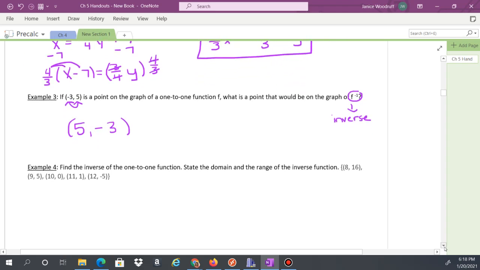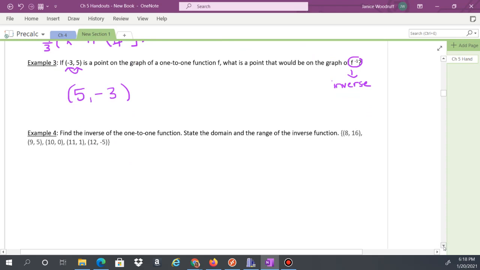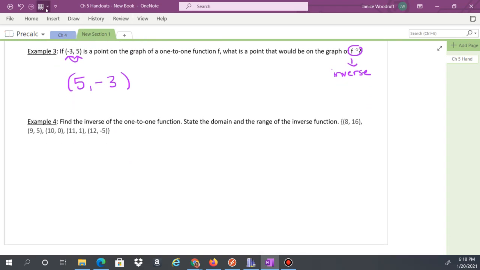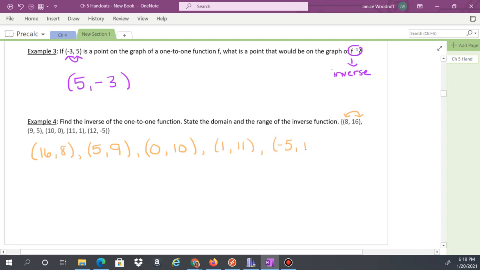And then for example 4, find the inverse of the 1-to-1 function, and then state the domain and range of the inverse function. So you're just switching these. You'd have the points (16, 8), (5, 9), (0, 10), (1, 11), and (-5, 12).